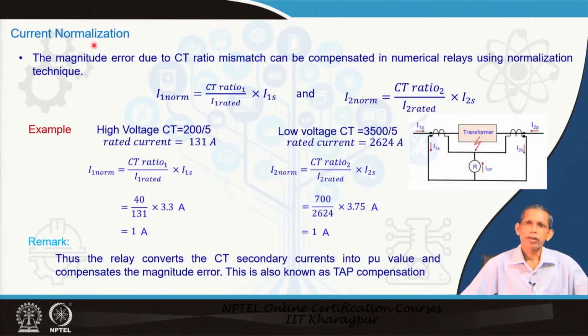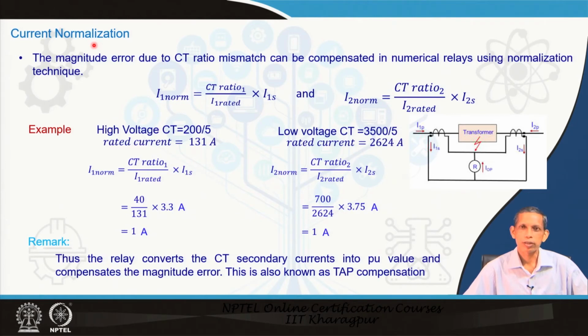Now, in a numerical relay we have enormous scope to calculate and compensate in real time. Before going into the details of how things are processed for the percentage differential relay principle in a numerical relay, we have a terminology called current normalization. Why are we doing this?